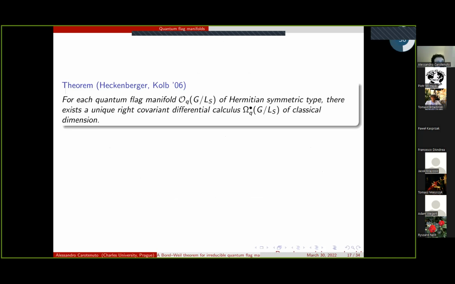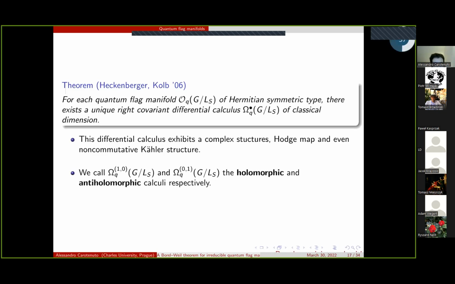Why? Because of this remarkable result of Heckenberger and Kolb. For each irreducible quantum flag manifold, that is also a quantum flag manifold of Hermitian symmetric type, there exists a unique right covariant differential calculus of classical dimension. This differential calculus exhibits all the properties that you might want.